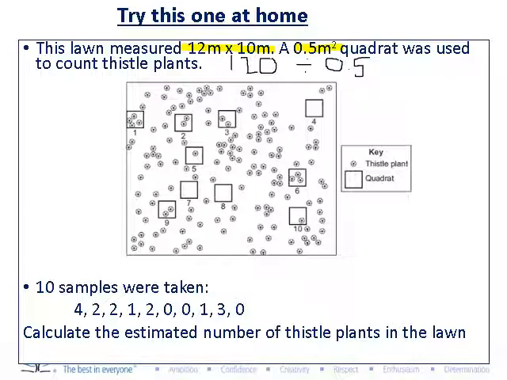So that gives you your multiplier, and you can save that number until after you've calculated the mean of your 10 samples. So add together all the samples and divide by the number that you have. You have 10.